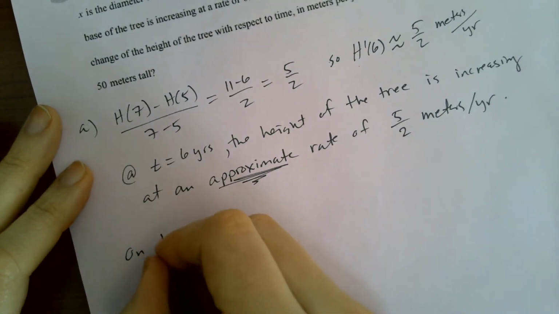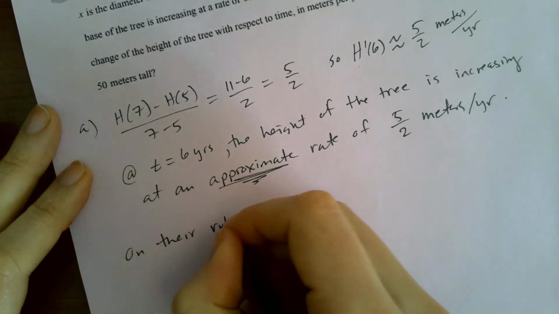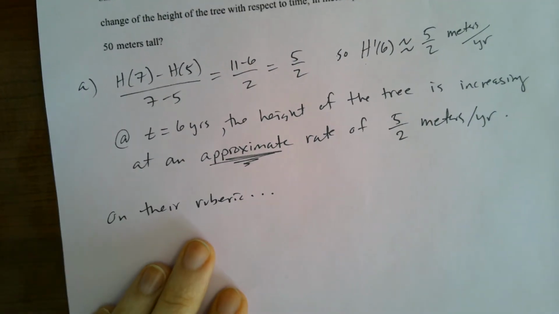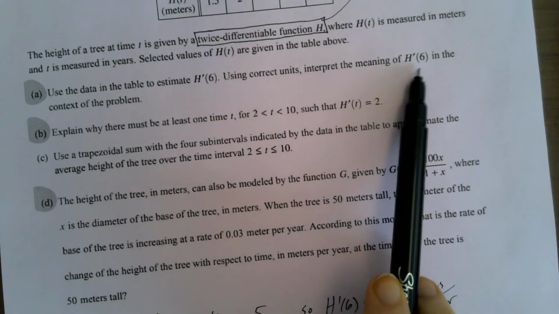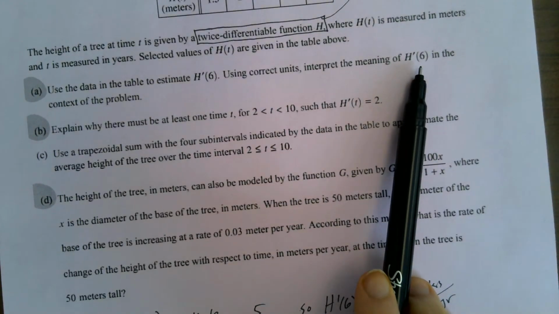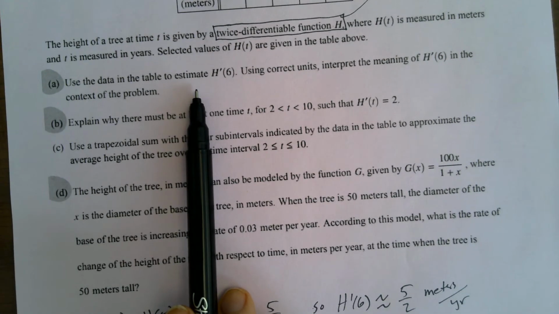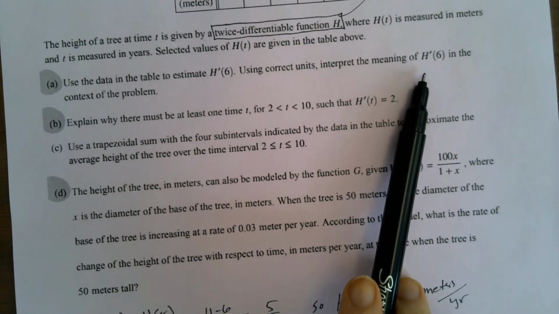Now on their rubric, the thing is, guys, they're saying using correct units, interpret the meaning of h prime of 6. They're not asking you to interpret your estimate. So they want you to interpret h prime of 6.